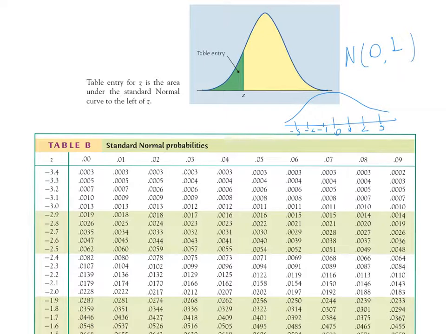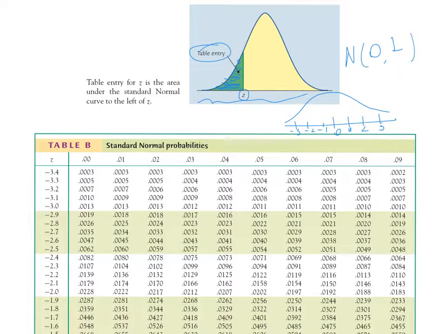If you look at the first page of the standard normal probabilities, you'll see on top of the page this graph, which tells you that the table entries, all the numbers that you see in the main part of the table, give you the area to the left of a certain z value. So if you're looking for a certain z value, then the table gives you the area to the left of it. The table starts off with -3.4.